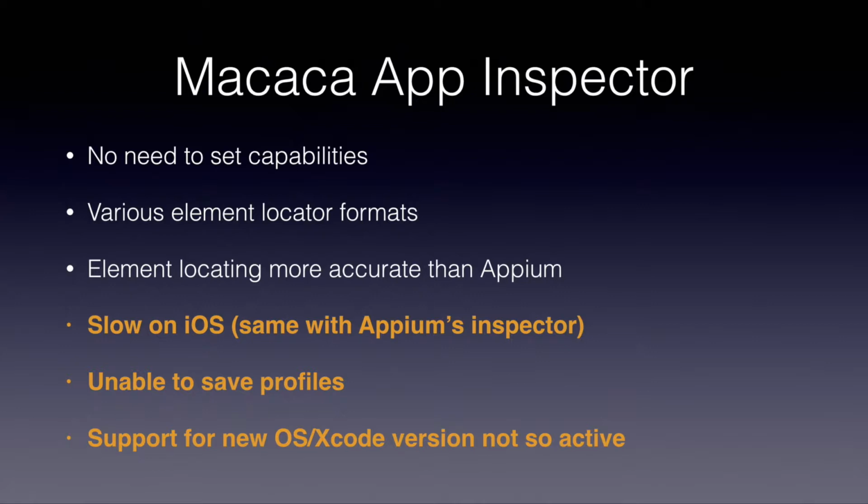When you connect to a mobile device in Appium, you need to set the desired capabilities so that you can connect to the target app you want to automate. But with the Macaca app inspector, you don't need to set the capabilities. It's a very big advantage.